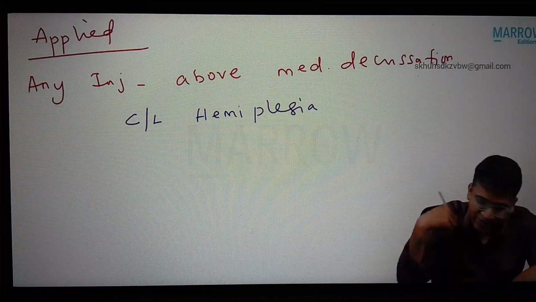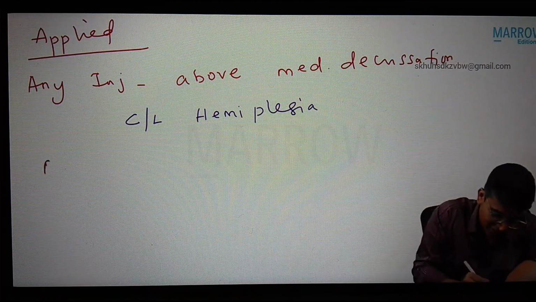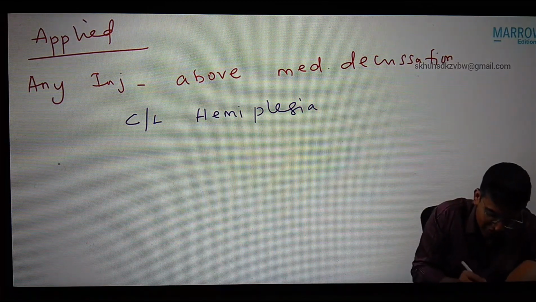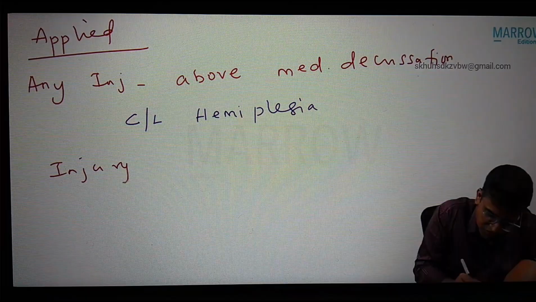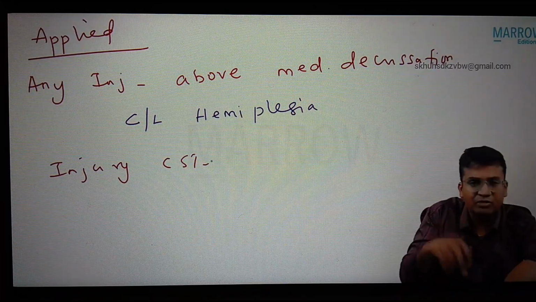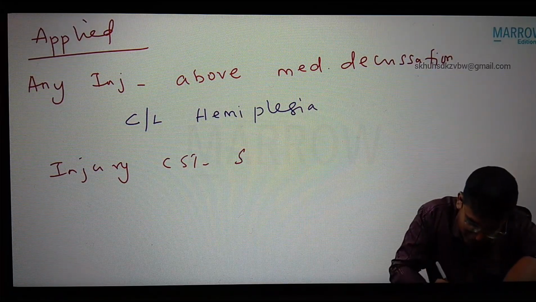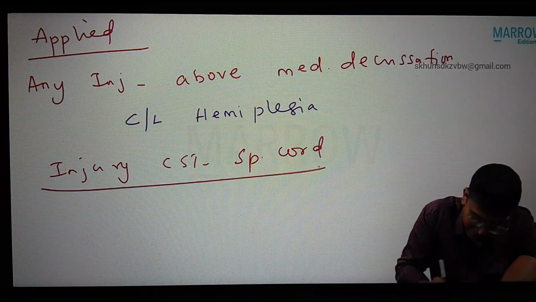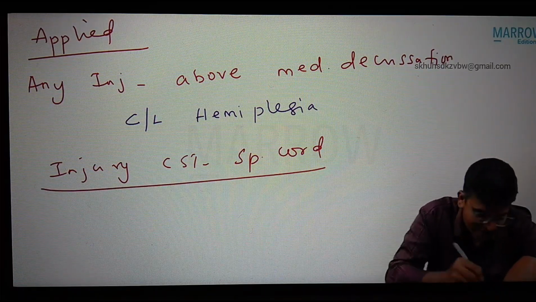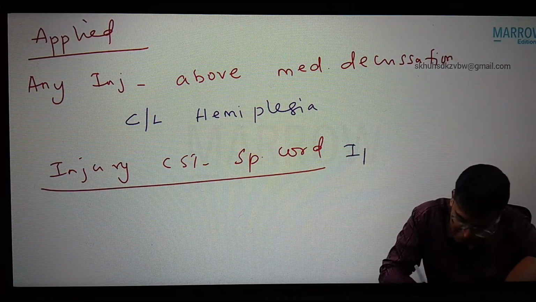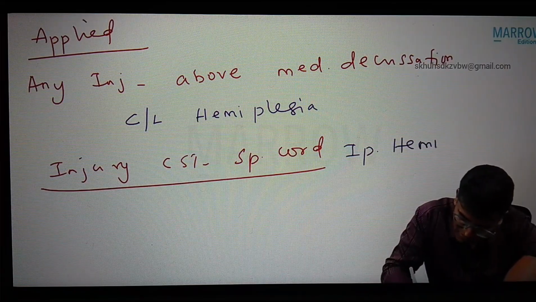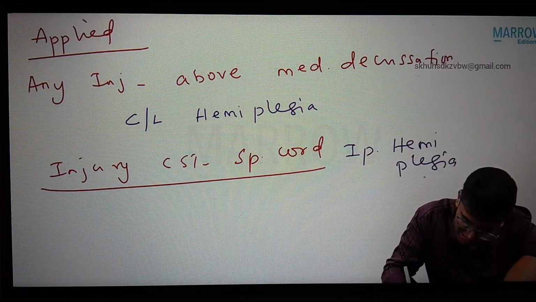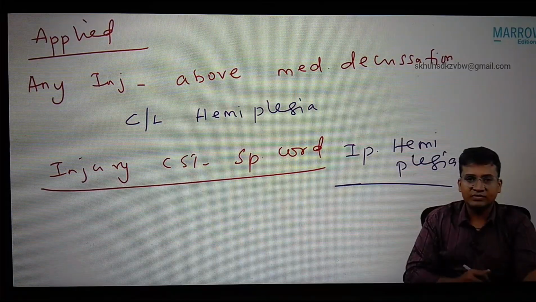Now any injury to the corticospinal tract below the decussation of the medulla, in the spinal cord, the patient has ipsilateral, same side hemiplegia, same side weakness of muscles. See the diagram?